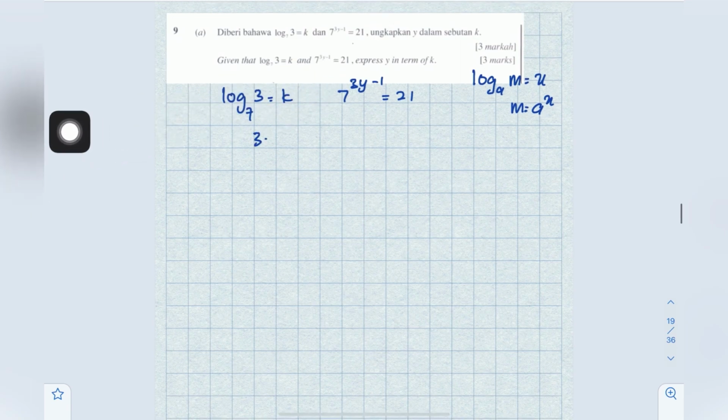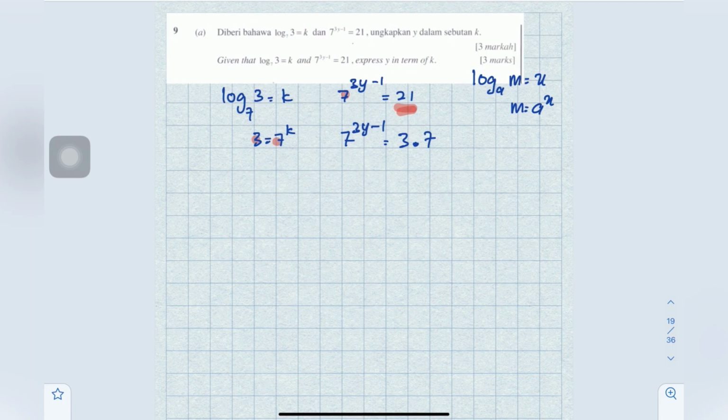So dapat 3 sama dengan 7 power of k. Okay, so this one kita boleh pecahkan. Sekarang kita dapati kita ada base 3 dengan base 7 kan. Ni ada 21 pula. Jadi kita kena tukar ni. 21 ni dalam sebutan 3 dan 7. Tu clue dia. So 7 power of (3y minus 1), 21 is 3 times 7.